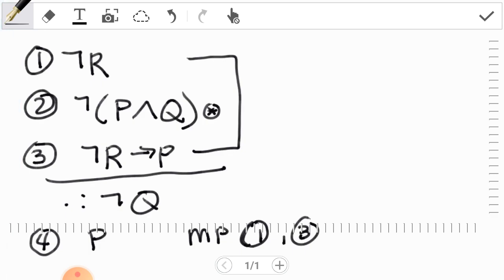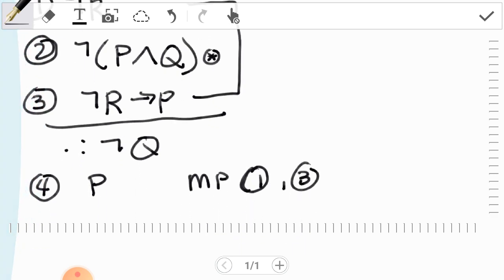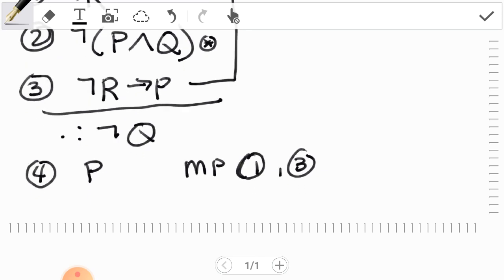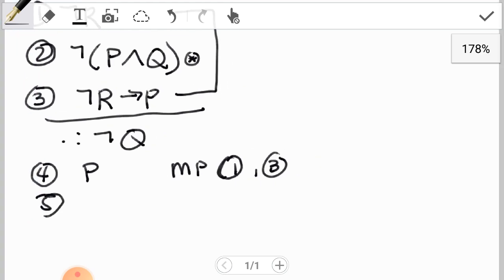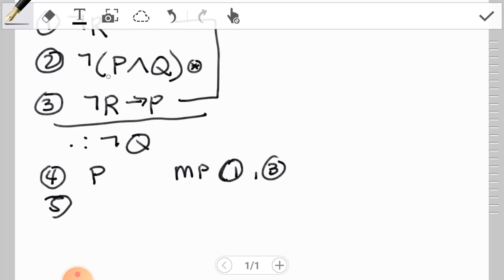Okay, but we want Q in our conclusion. So we did not yet use premise number 2. And in premise number 2, what can we do? We have a negation before a group. So we can use there actually De Morgan's rule. And how do we use De Morgan's rule there? It is preceded by a negation.